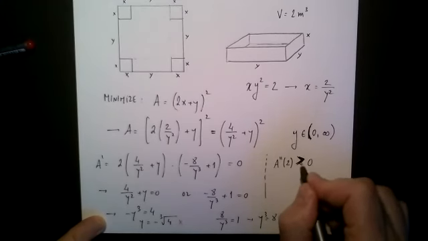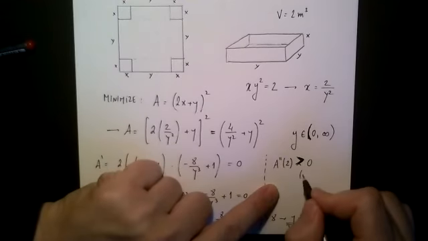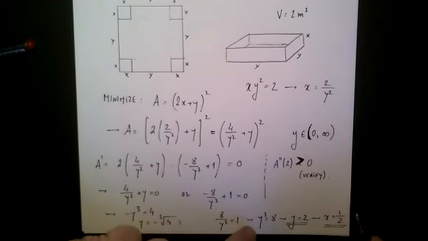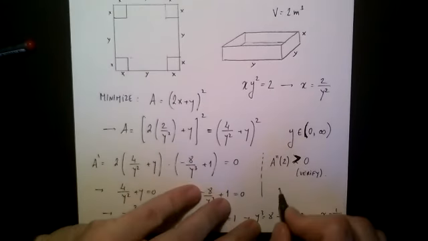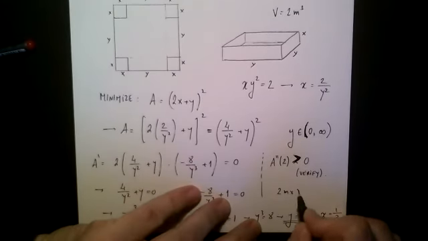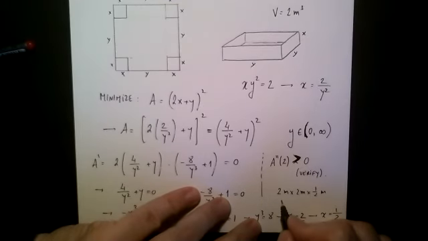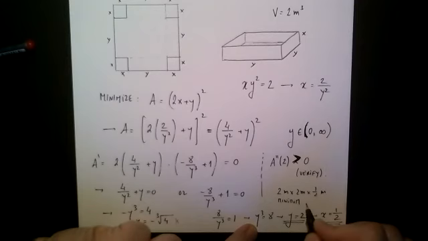Okay, so just verify. And so we have the minimum. So 2 meters by 2 meters by 1/2 meter is the minimum area.